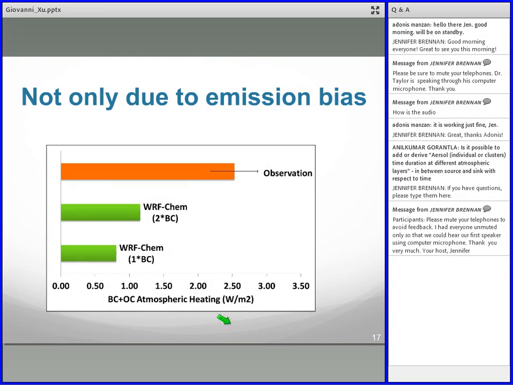When we double the emission in the WRF model, we find it's still quite off from the observation. So the model bias is not merely a result of the emission inventory. The organic carbon treatment in the model can be an additional source of the biases.